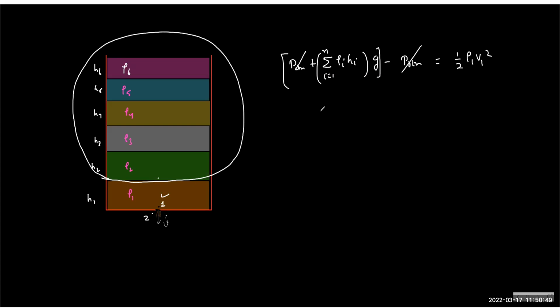Okay, so the answer is pretty simple. V1 squared is simply 2g times H effective.